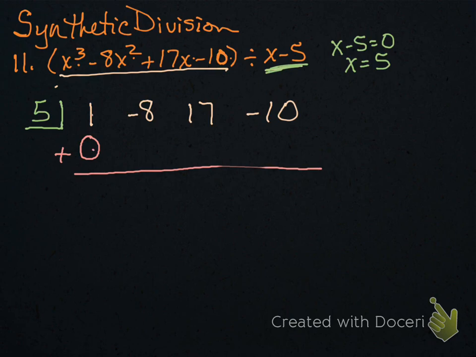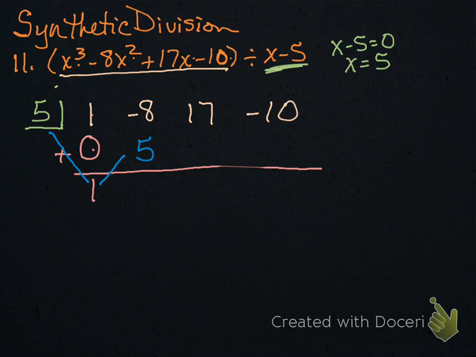1 plus 0 is 1. Now, I'm going to multiply 5 times 1, and I'm going to put it right here.